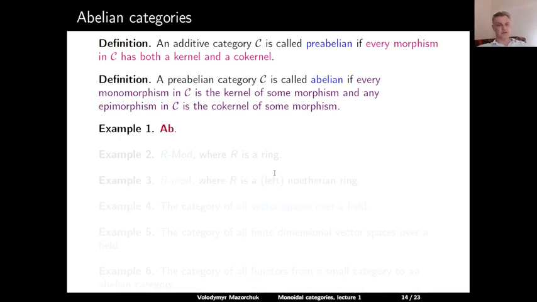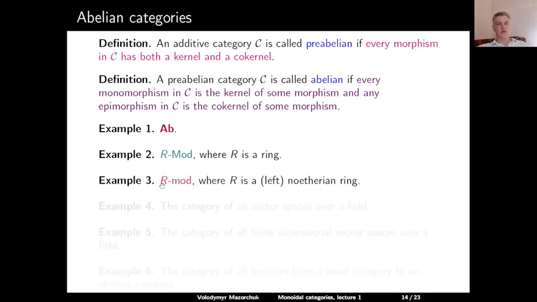Here are some examples of abelian categories. The category AB of all abelian groups is an abelian category. This is a prototypical example of an abelian category. The category of all modules over some unital ring is an abelian category. The category of all finitely generated modules over some Noetherian ring is an abelian category.